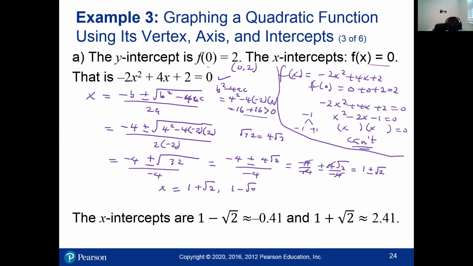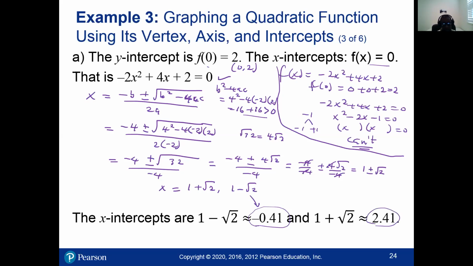Now, you can use a calculator, but approximately this value is minus 0.41, and that value is 2.41.